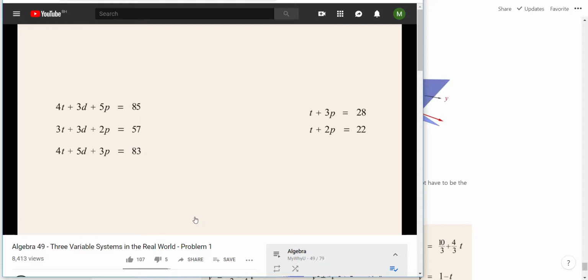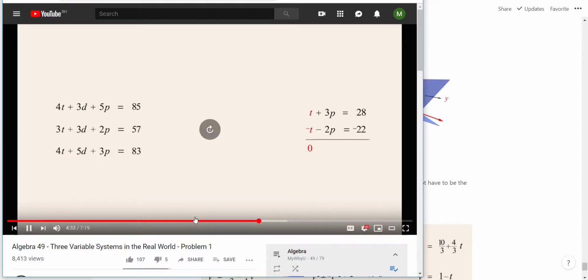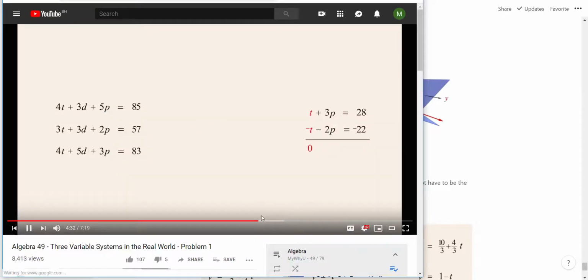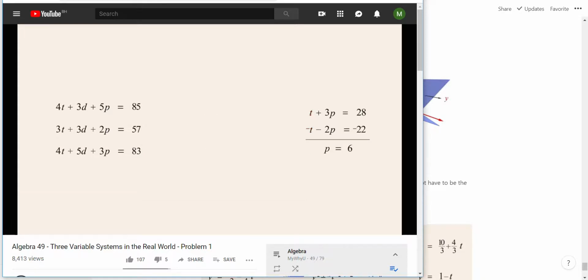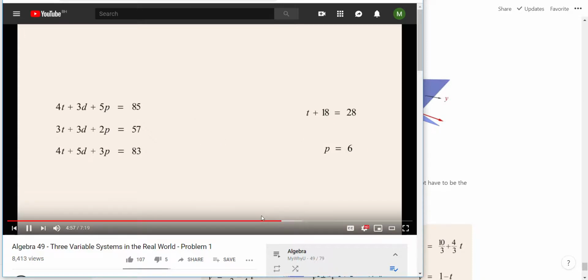Multiplying the bottom equation by -1, now we can substitute 6 for p in either equation to find the value of t equals 28, while subtracting equals 10.